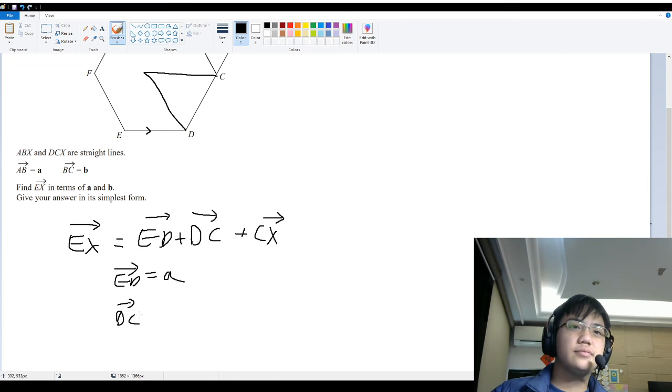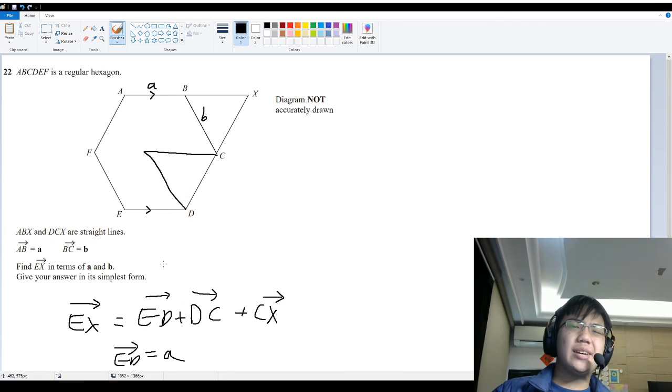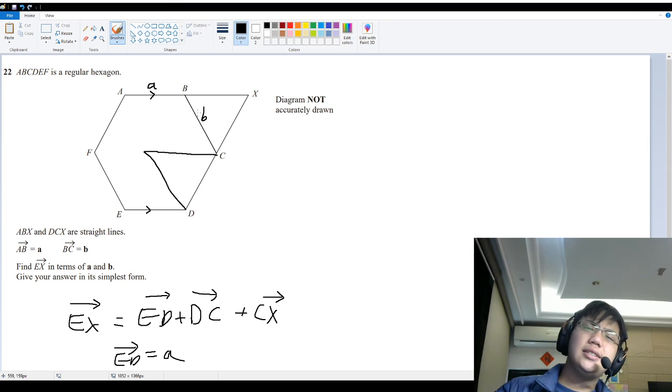Next, we need to write D to C, which has to be written in two parts because a vector for this does not exist in the question. B to C is b. The direction of D to the midpoint of the hexagon is basically b backwards. Since b is this way, D to the midpoint of the hexagon is this way, so this is negative b.